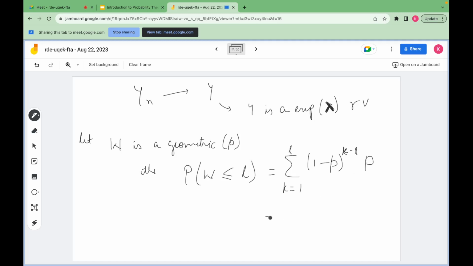So p will come out, and this is nothing but 1 minus (1 minus p) to the power L.